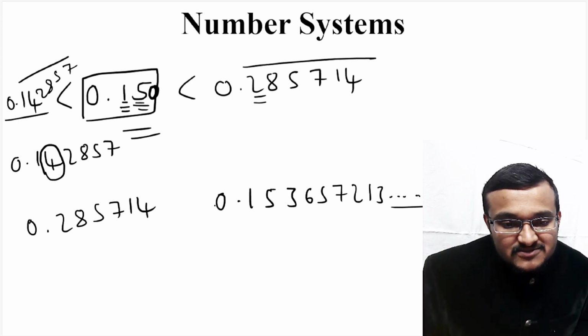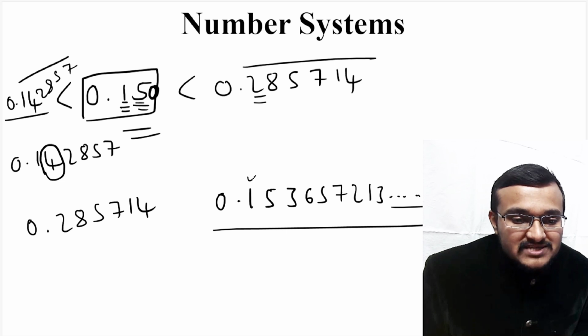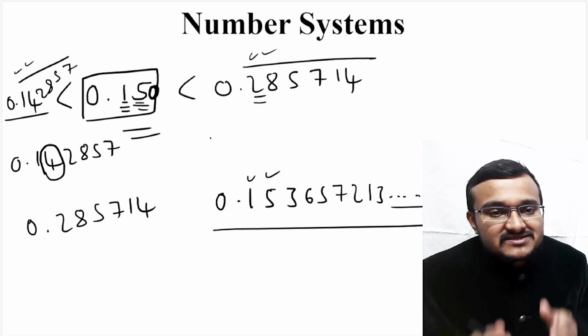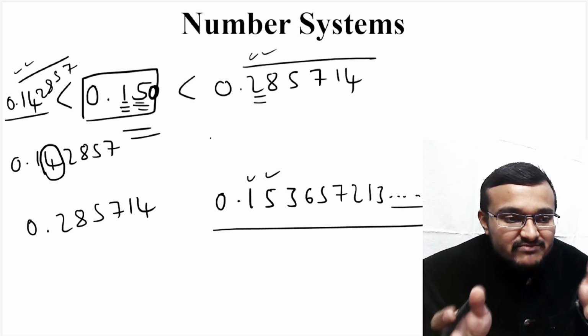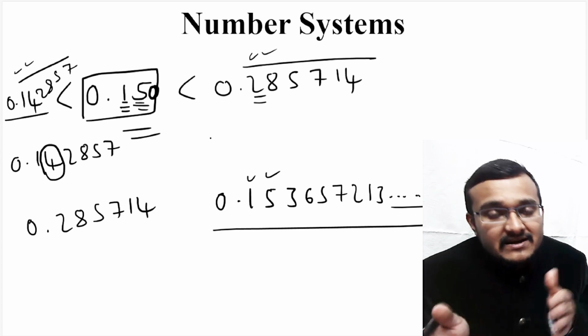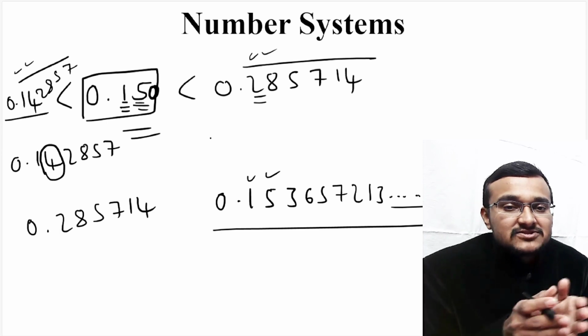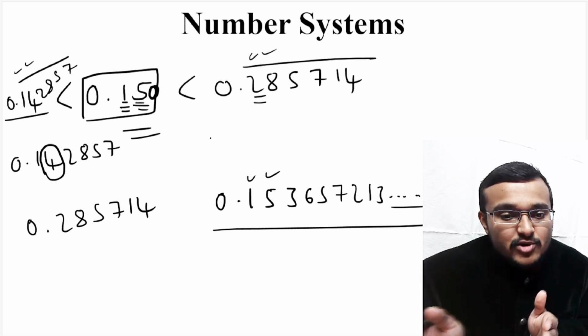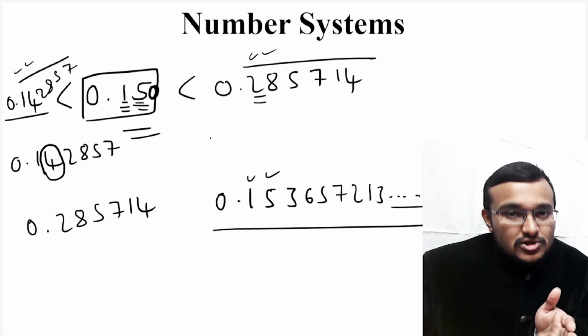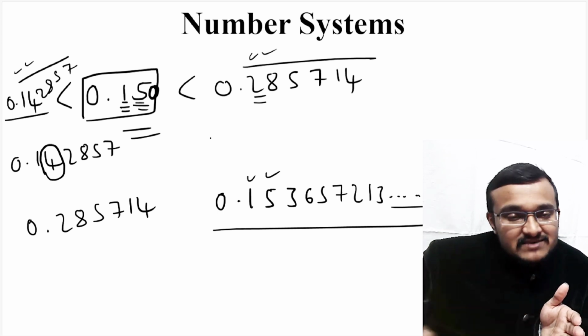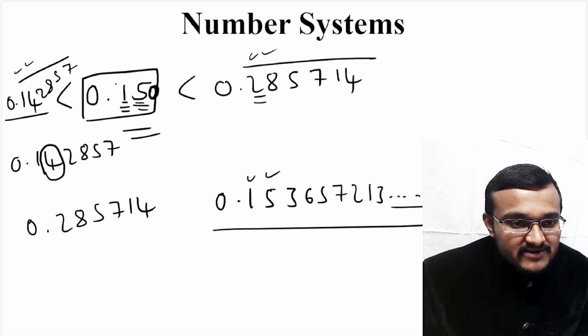So that means this particular number is an irrational number, because I have taken 1, 5. So that means this particular number is in between 0.142857 and 0.285714. And this particular number has no recurring numbers after the decimal point, and it is not ending also. It is just keep on going. So here you can see 1 5 is there.